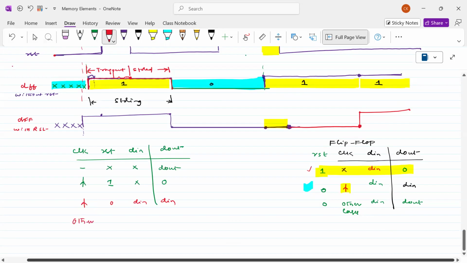For any other cases, irrespective of this one, it's the D out. Intentionally I'm writing the clock signal first, then the RST. But here, what I have written first is RST. I hope you clearly understood the synchronous and asynchronous reset, right?